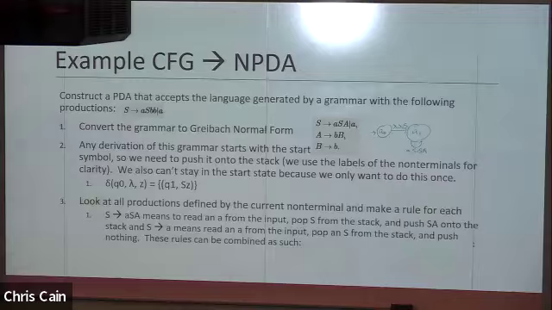What's on top of the stack after this is the S, because it has to be evaluated first. So that is a legal thing that we could do.